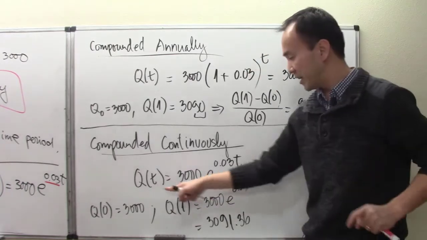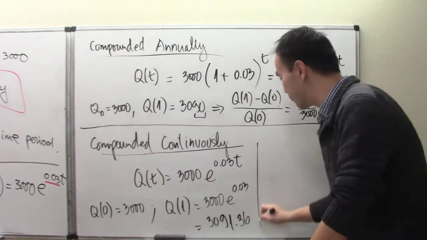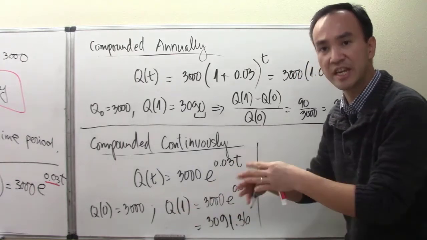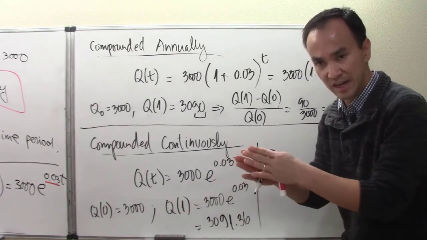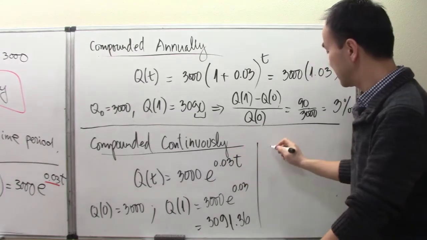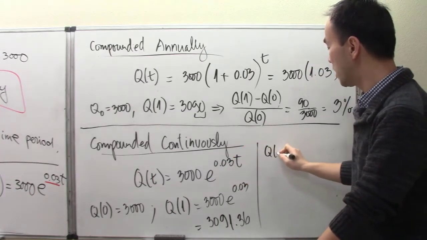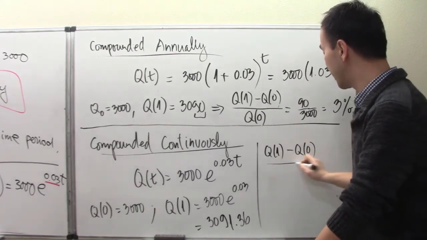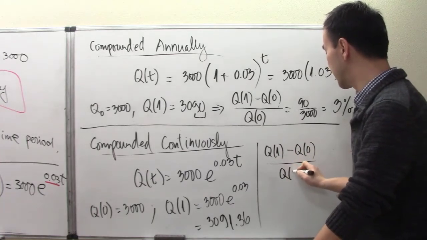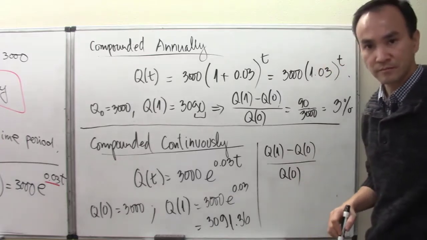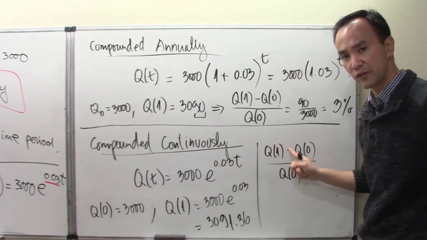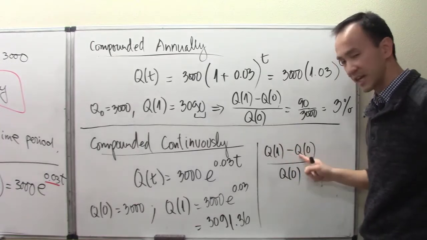So basically, if we think about how much money has been yielded, then we're going with Q of 1 minus Q of 0, and we're dividing that by Q of 0 again. Because taking this difference indicates how much money we have produced for ourselves, how much money has yielded.